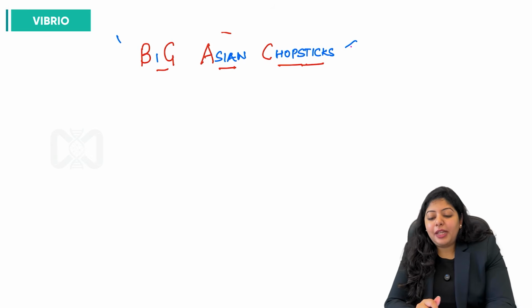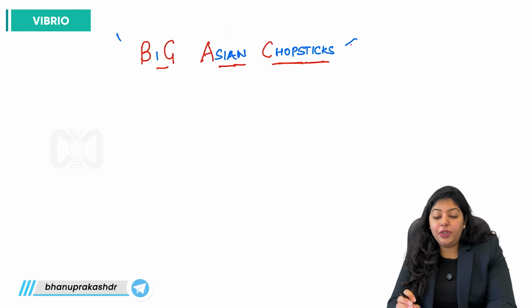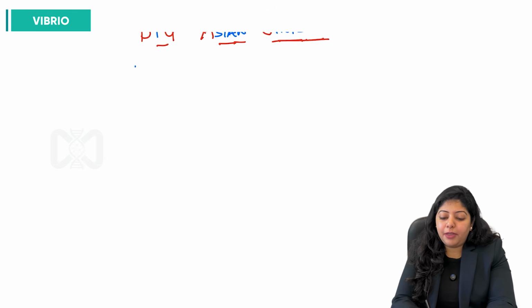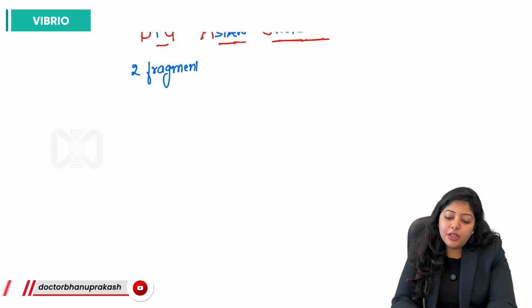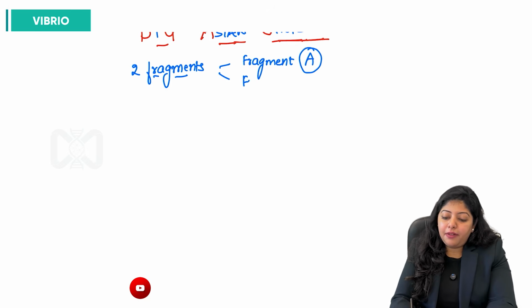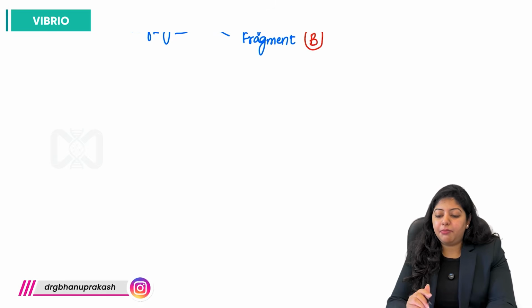So for cholera toxin mechanism, I have a mnemonic that is big Asian chopsticks. You'll know how we use it now. Firstly, we must know that enterotoxin has two fragments, fragment A and fragment B.